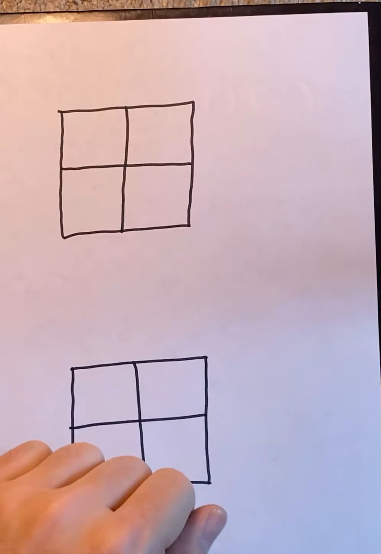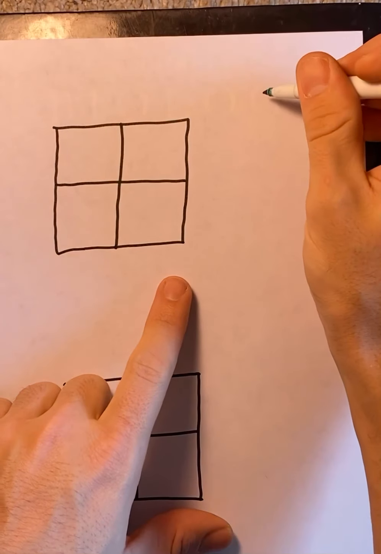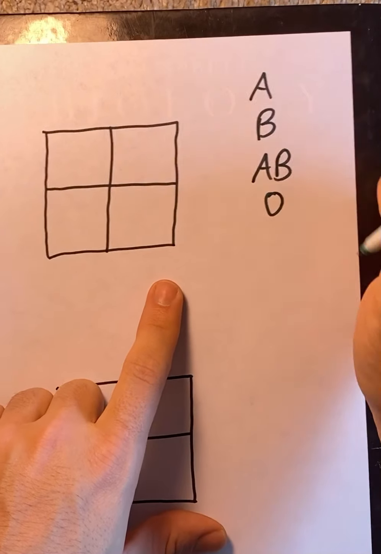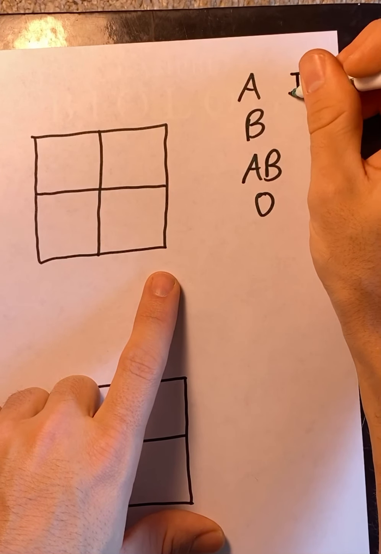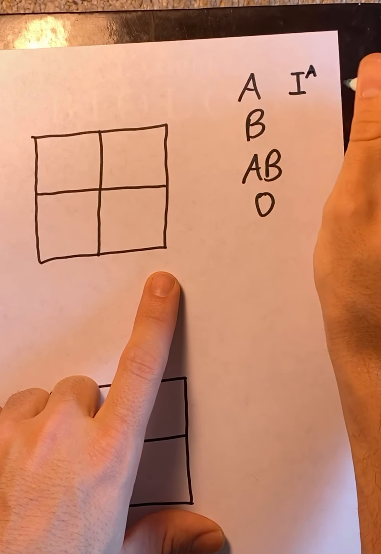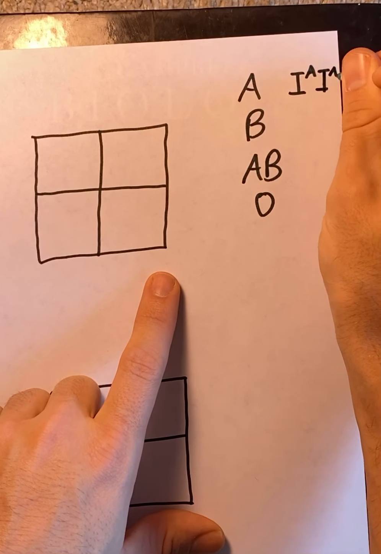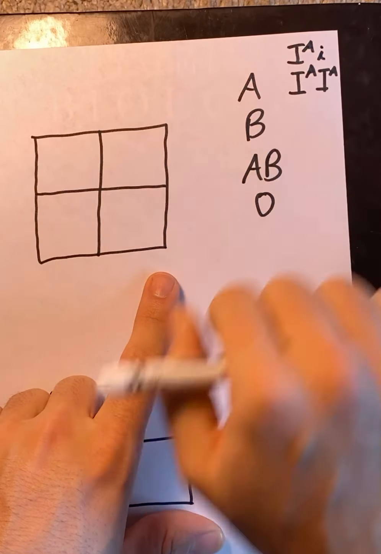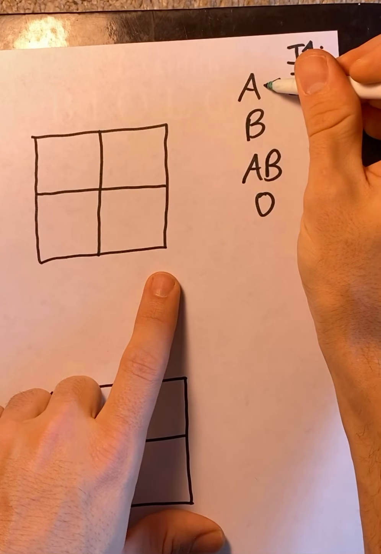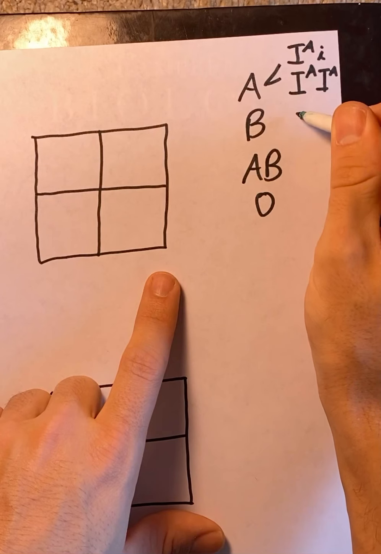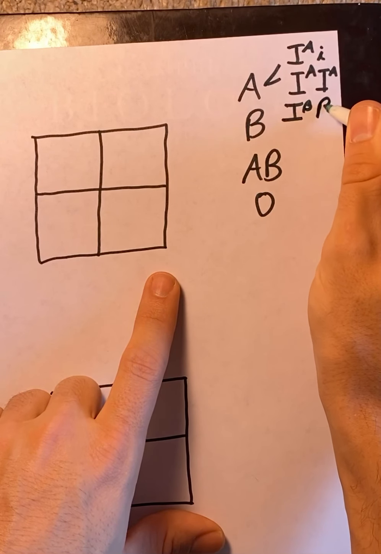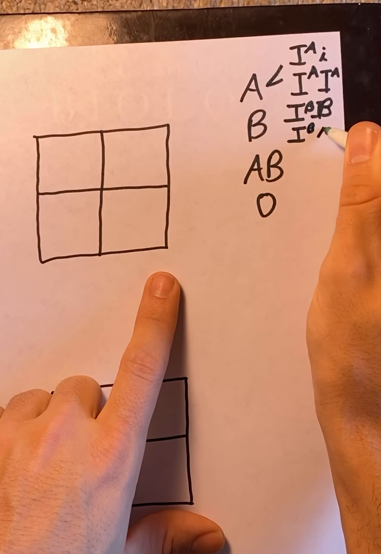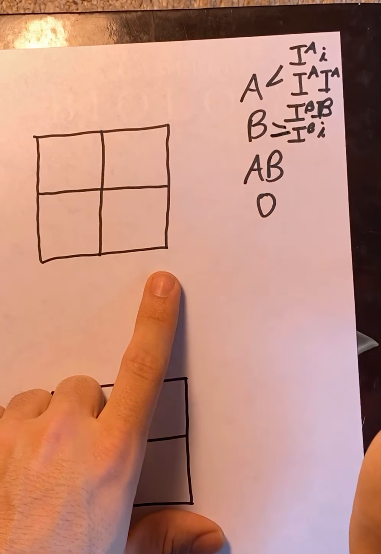For example, blood types is the best example. You can be blood type A, B, or O. If you're A, you have IA IA, or you have IA and just a little i. Either one of those is A, okay? You could have B where it's IB IB, or IB and little i.